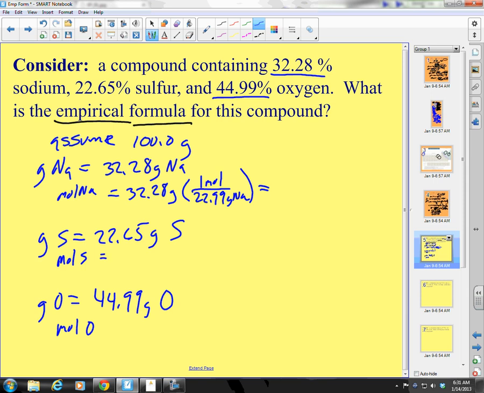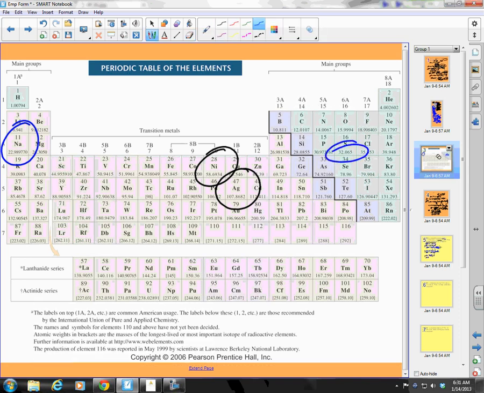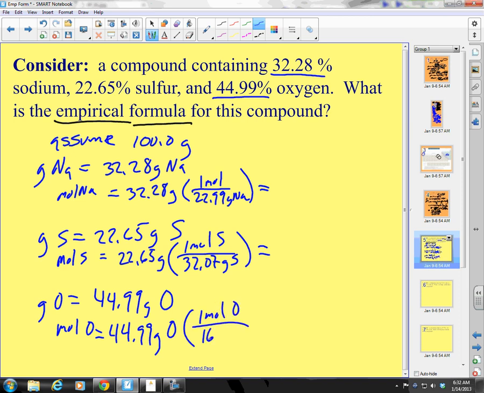Sulfur is equal to 22.65 grams times 1 mole of sulfur per 32.07 grams of sulfur. And then moles of oxygen, 44.99 grams of oxygen times 1 mole of oxygen per 16.00 grams. Got it.